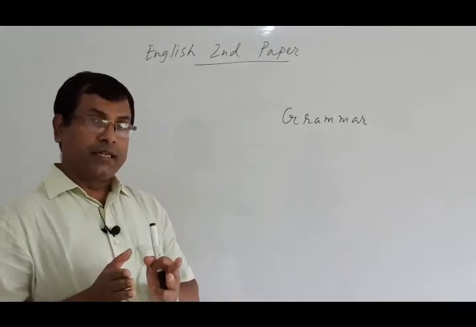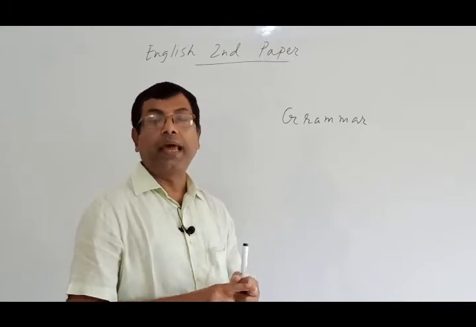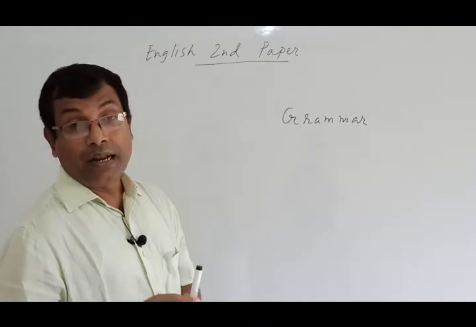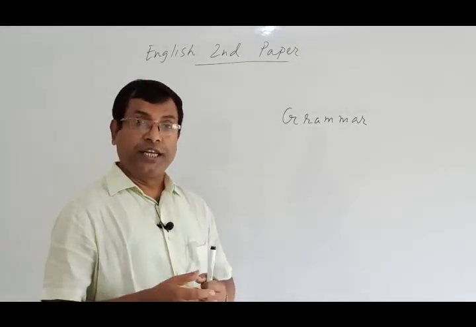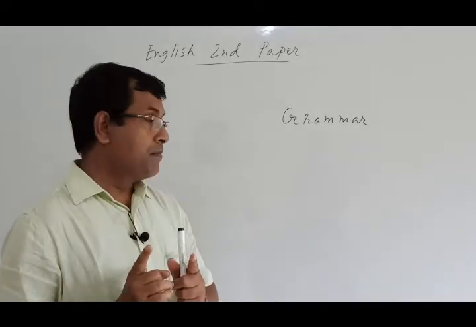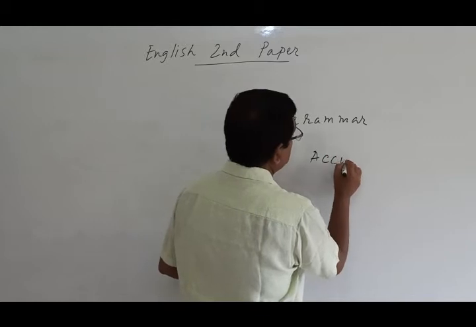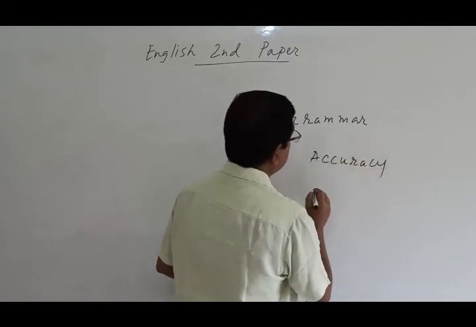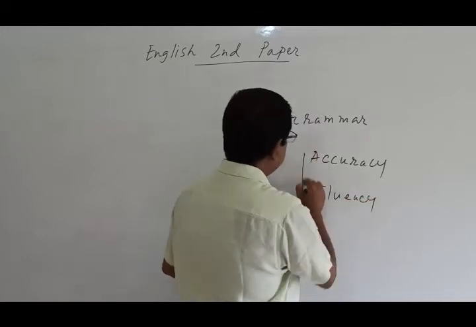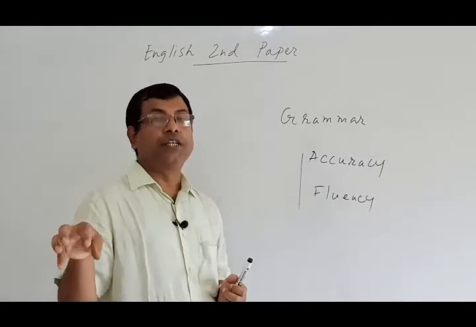But you should maintain both grammatical accuracy and grammatical fluency. Most of the students think that grammatical accuracy is the only thing to make our writing standard. But at the same time, remember my dear student, grammatical accuracy and also fluency, both types of elements should be present in your writing.